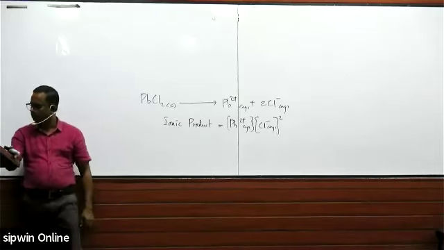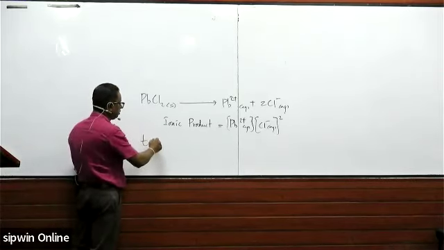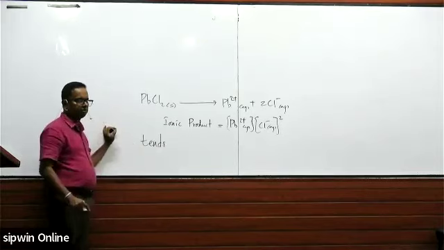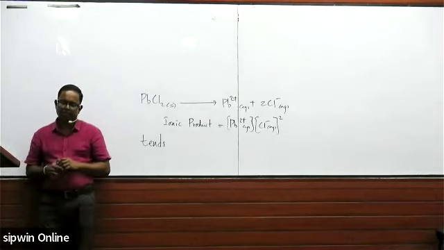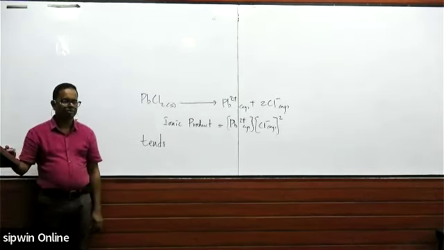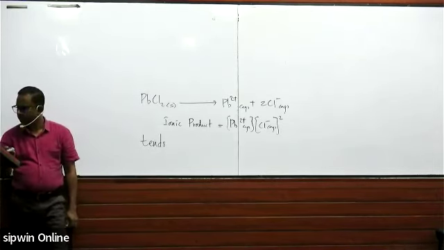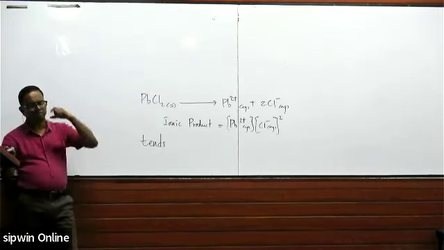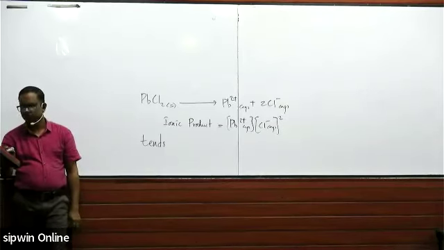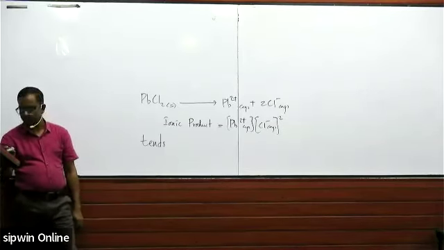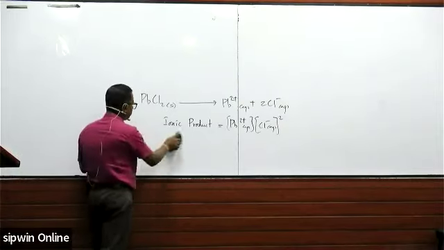If the ionic product tends to increase beyond the Ksp, then part of the salt will be precipitated.